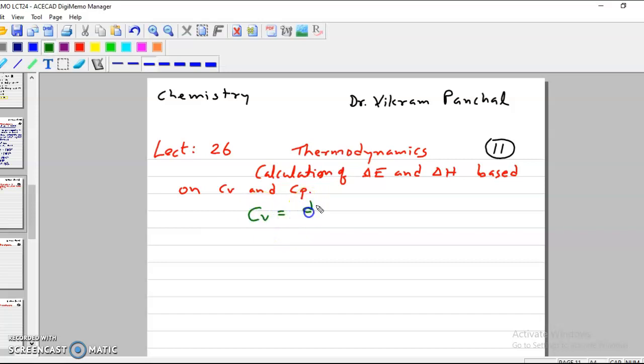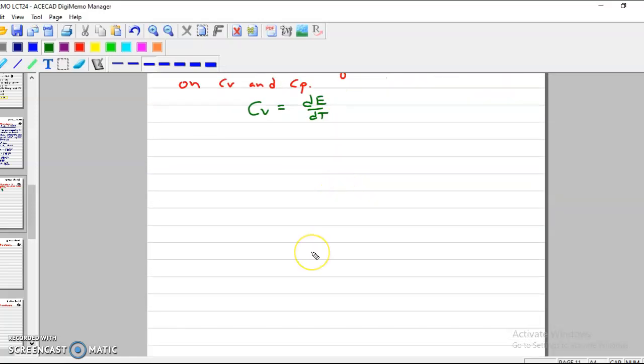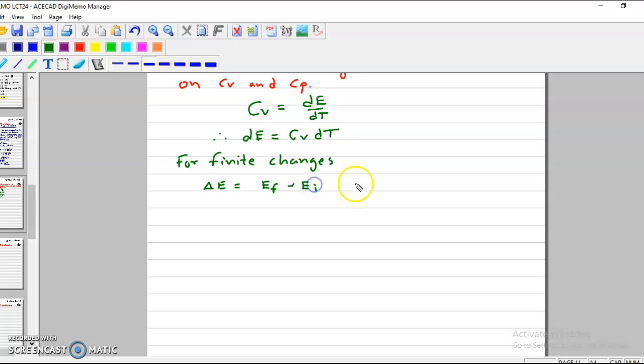Now we know that CV is equal to dE by dT. Okay, therefore we can say that dE is equal to CV dT, or for finite changes we write delta E is equal to internal energy of final state minus internal energy of initial state, and this is equal to CV into T2 minus T1, or final minus initial temperature.